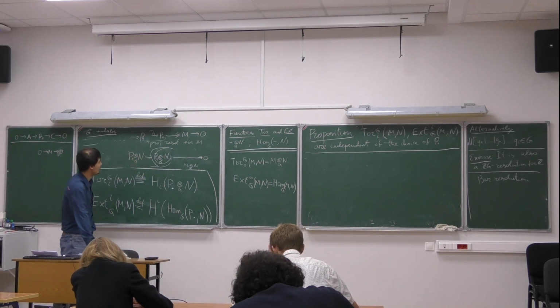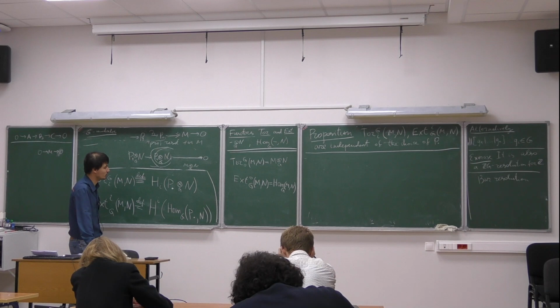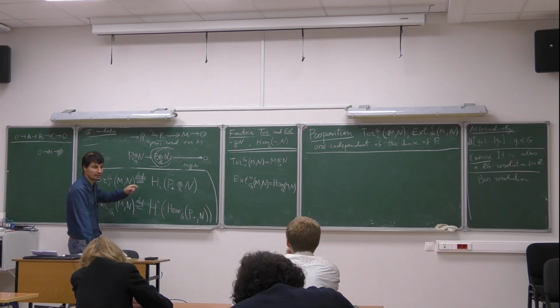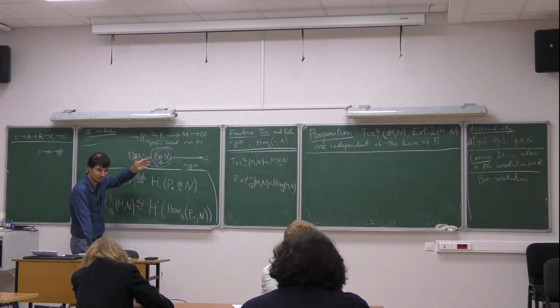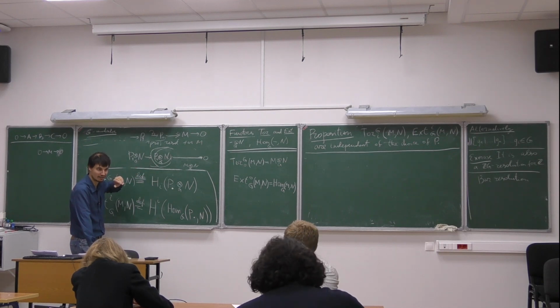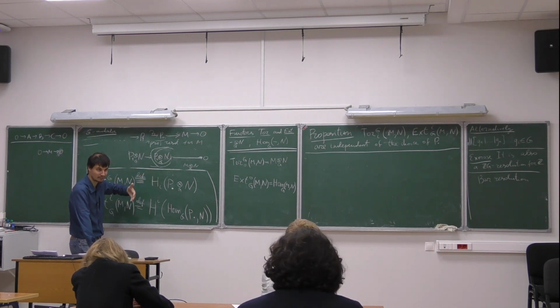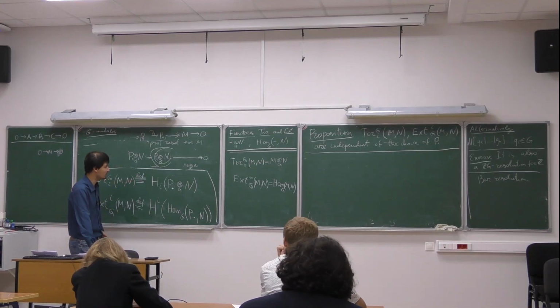And what I want to say: assume that N itself is projective. Then the tensor product with N is an exact functor. We have already discussed this, that projective modules are flat, so the tensor product with it is an exact functor.